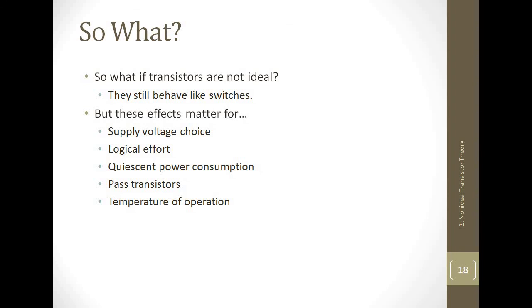So what is next? What if transistors are not ideal? If the transistors are not ideal, do they still behave like switches? Yes, they still behave like switches, whereas some of the performance parameters will be affected. These matter for supply voltage choice, logical effort, quiescent power consumption, pass transistors, and temperature of operation.